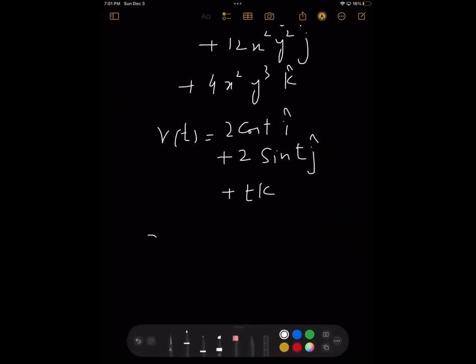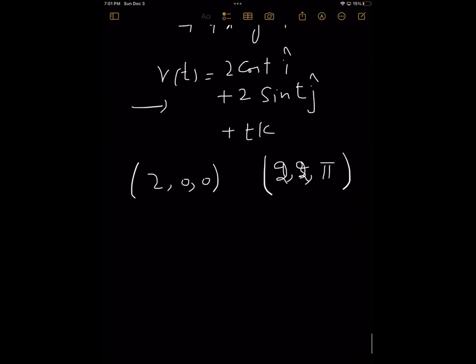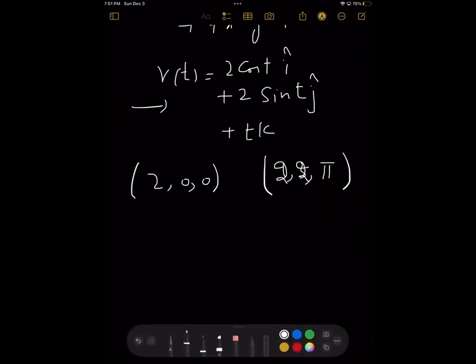It is going from 2, 0, 0, but the other point 1, 3 pi is not possible. So I made it 2, 2 pi. So it should be 2, 2 pi in my opinion. Yes, this question has typos, in fact. So I will solve with these points, okay?